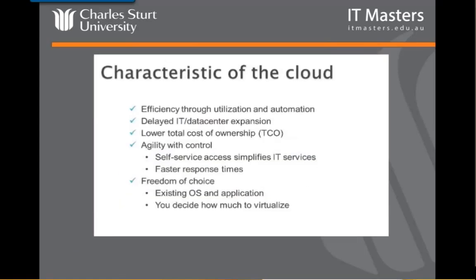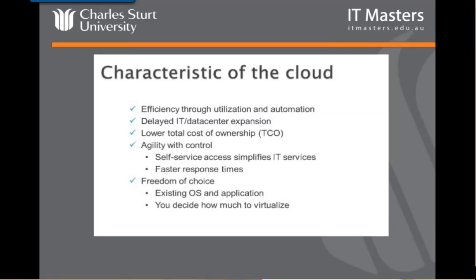Then we spoke about the characteristics during the last 4 weeks. We said cloud is giving efficiency through utilization and automation. We talked about how delayed IT data center expansion can happen. We talked about the Microsoft version of this and the VMware version of this.